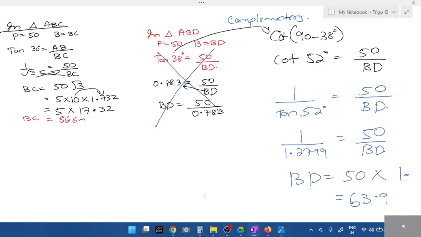Use complementary. Convert into cot 52. Use that complementary cot value. Convert into reciprocal. Use the reciprocal relation 1 by tan 52.